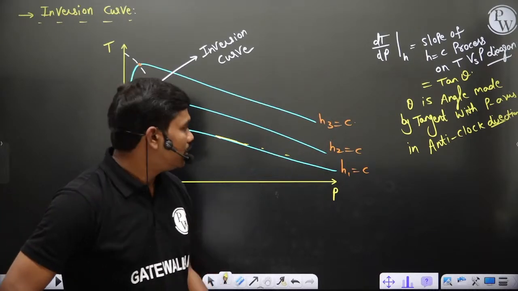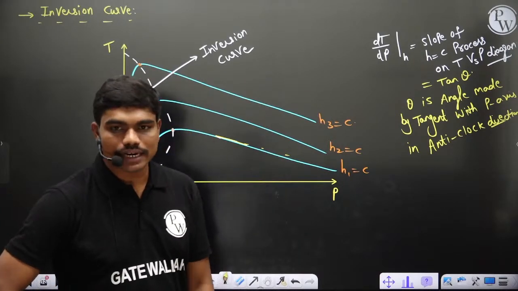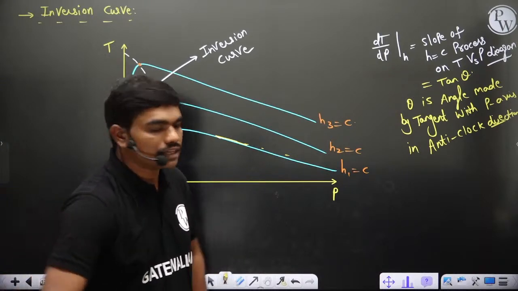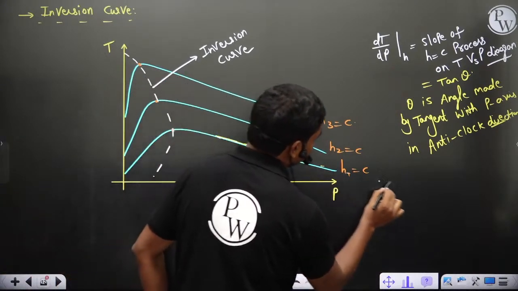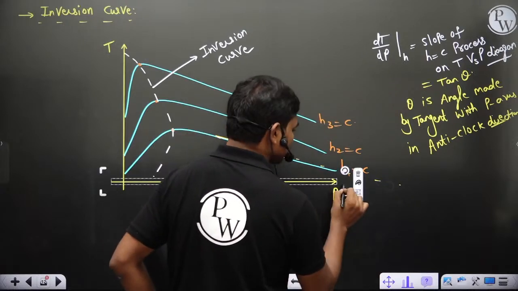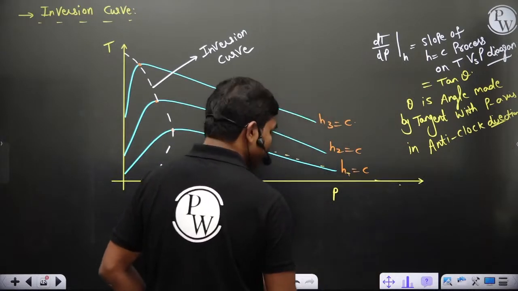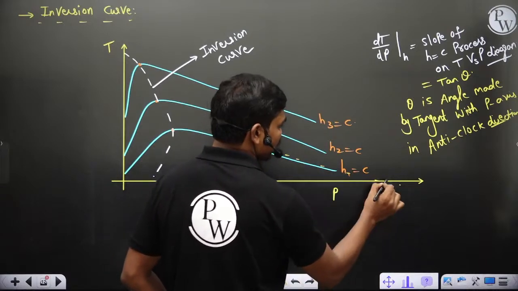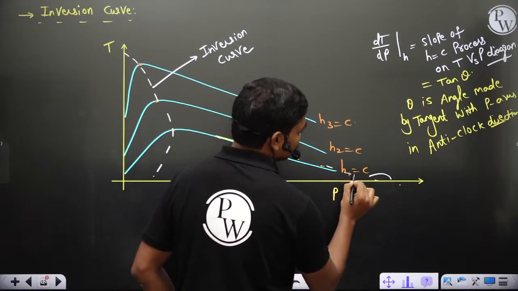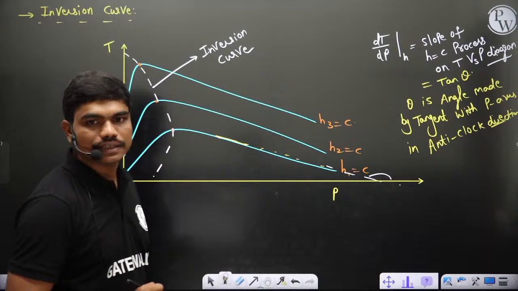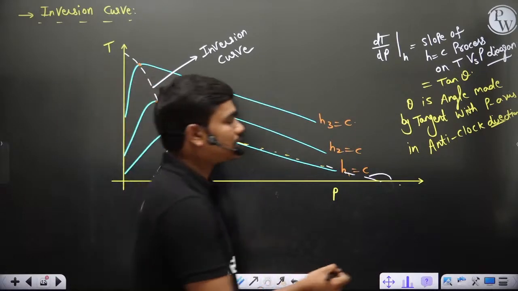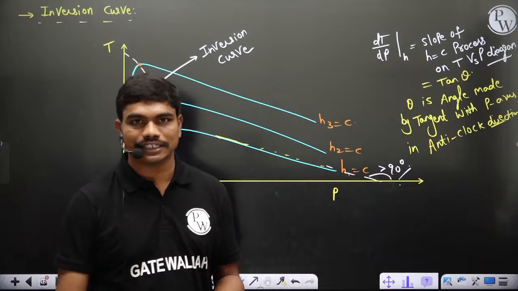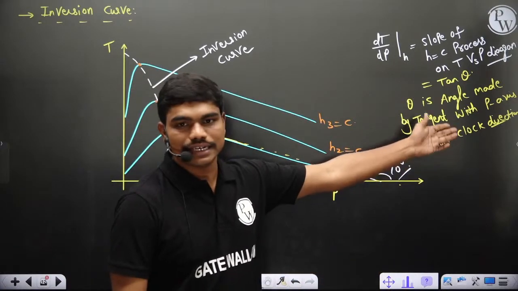If you extend it, you can see this angle is more than 90 degrees. So the slope is negative: theta is more than 90, so tan theta is negative.